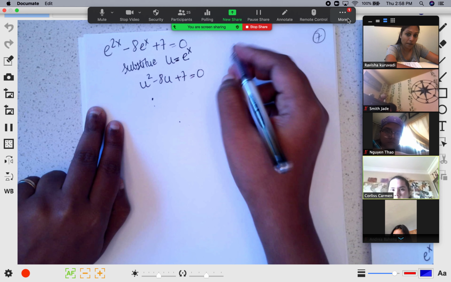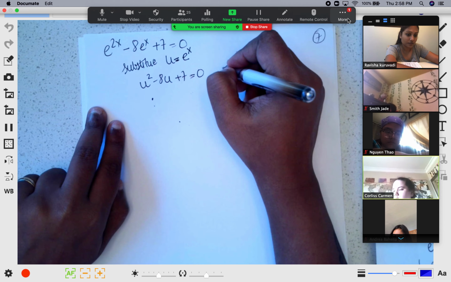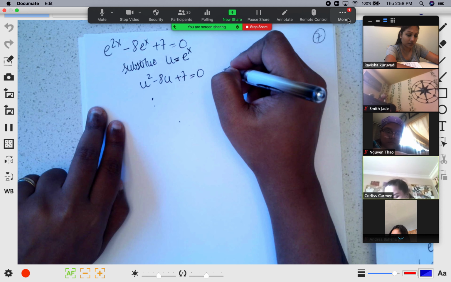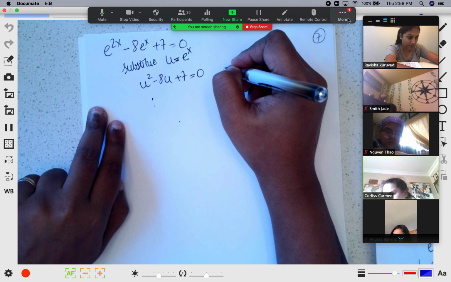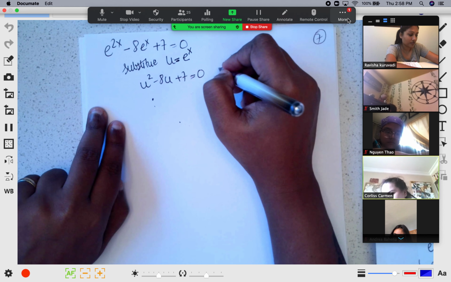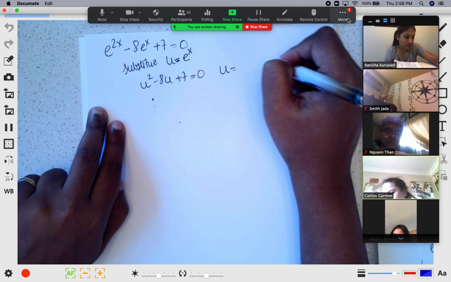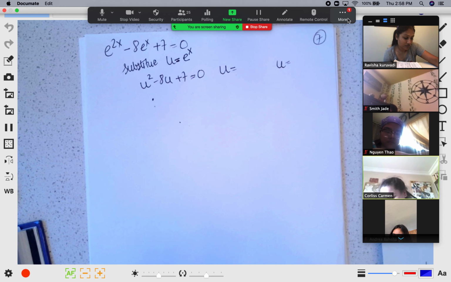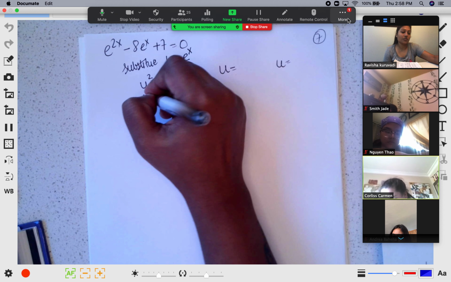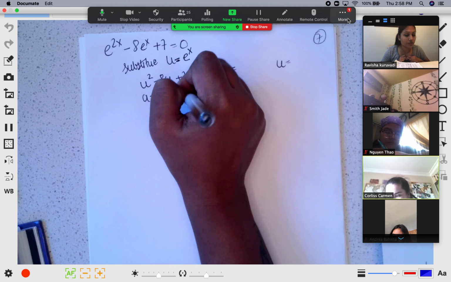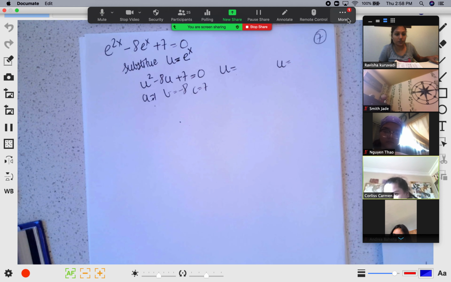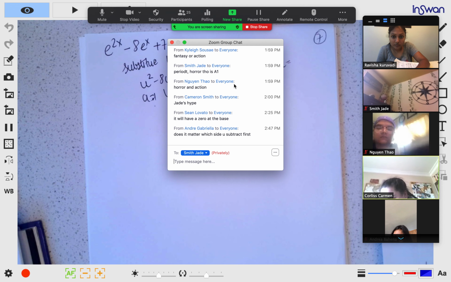Then after that, what did you do? And then you're going to convert it to the formula. a equals 1, b equals negative 8, and c equals 7. Okay. Use the quadratic formula and give me the values of u. You don't have to tell me the steps. Just give me the values of u. Okay. Final values.